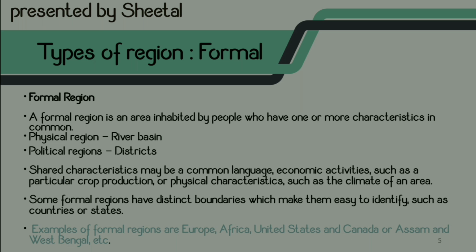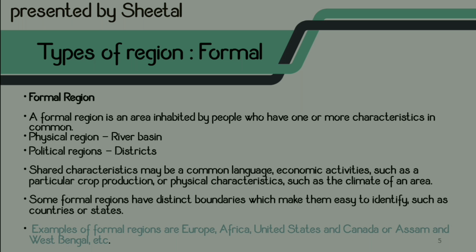Now, there are some regions where throughout that region, all the people speak the same language or follow the same economic activity. Here the examples of Europe, Africa, and the United States are given. The climatic condition over there is very much favorable. All of them speak English and basically these are developed countries, so they are most prominently engaged in tertiary, quaternary or quinary activities.